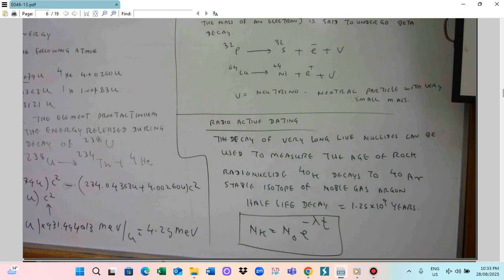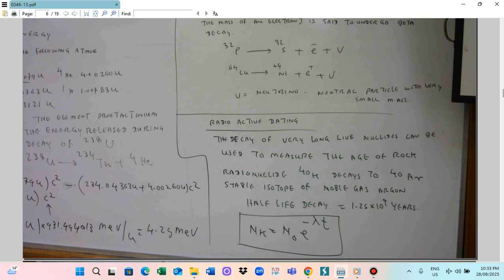So from potassium going down to argon, potassium is radioactive, and argon is non-radioactive gas. Based on this principle, N is equal to the original content multiplied by e to the power minus lambda t.